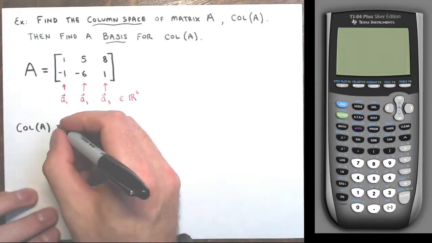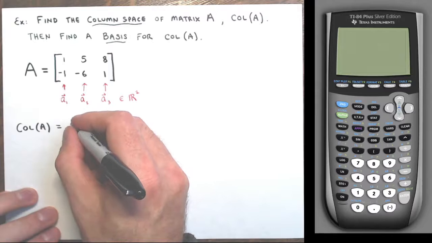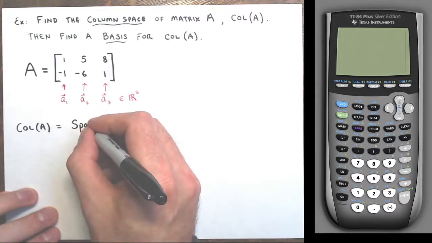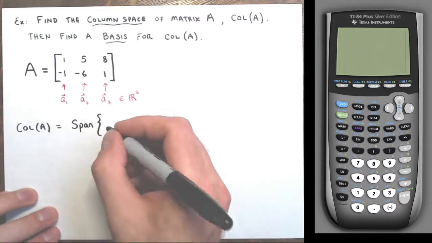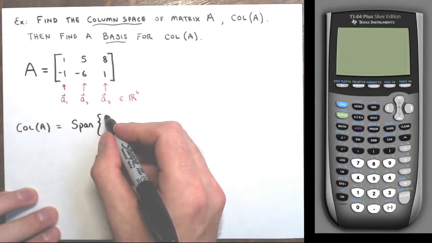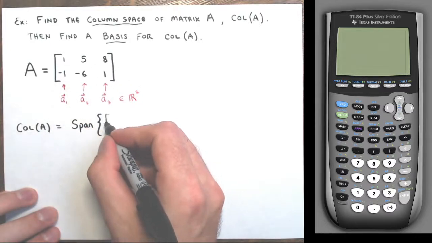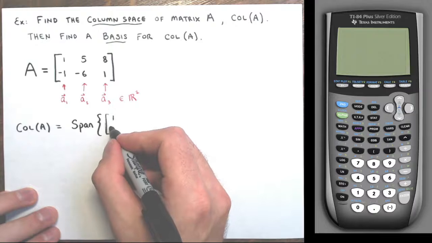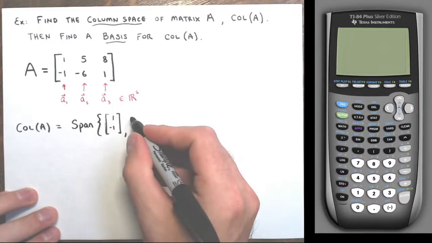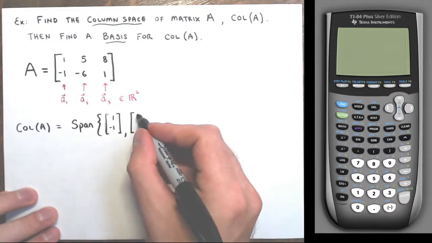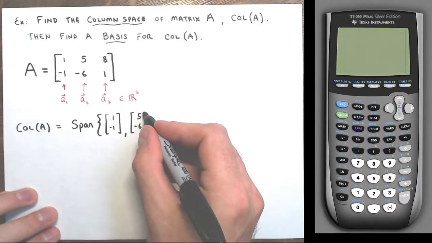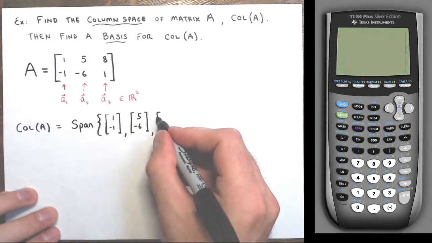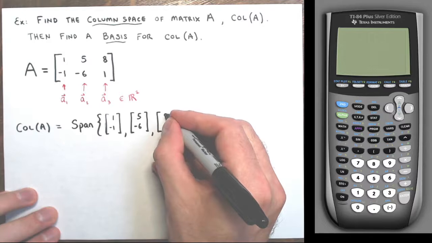But for right now, the column space of A is the span of the set with these three vectors in it: the vector from R2, 1, -1, the column vector 5, -6, and the column vector 8, 1.